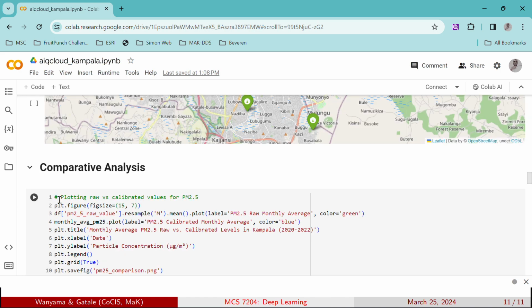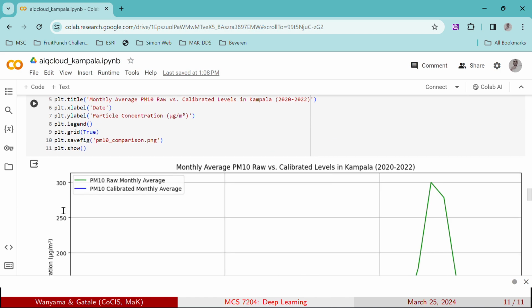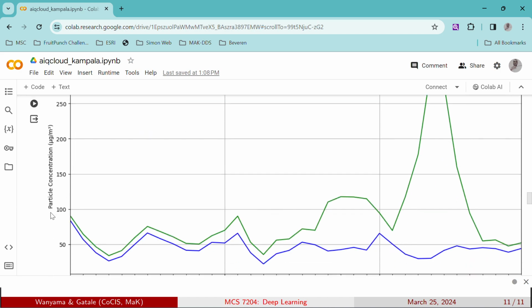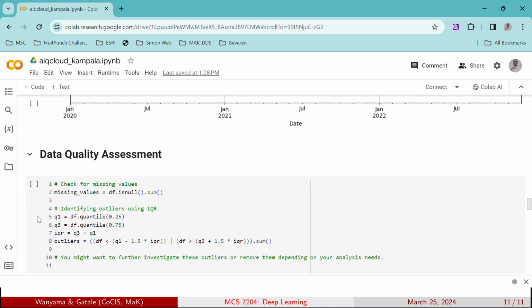We did that for PM2.5, and we did that for the other pollutant, which is PM10. PM10 are particles that are 10 micrometers or less.